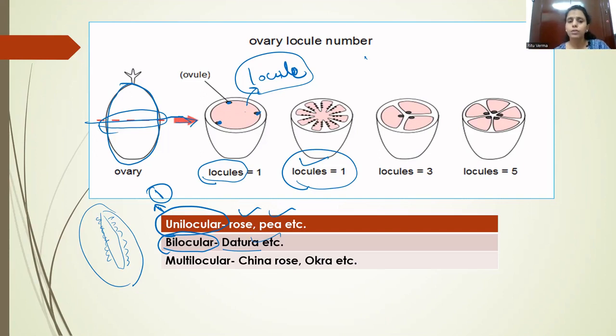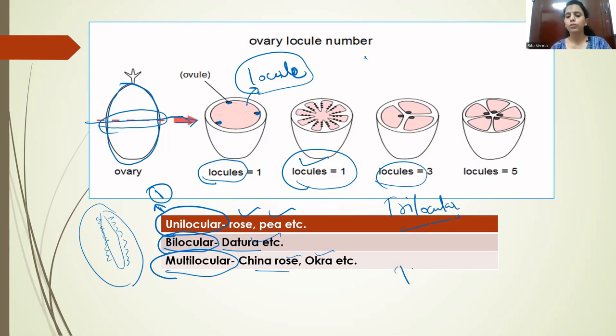Then you can also have ovaries with many locules. Ovaries with many locules, like 3 or 4 or 5, are known as multilocular. Examples of multilocular are China rose, okra, etc. The ovary with 3 locules is known as trilocular.